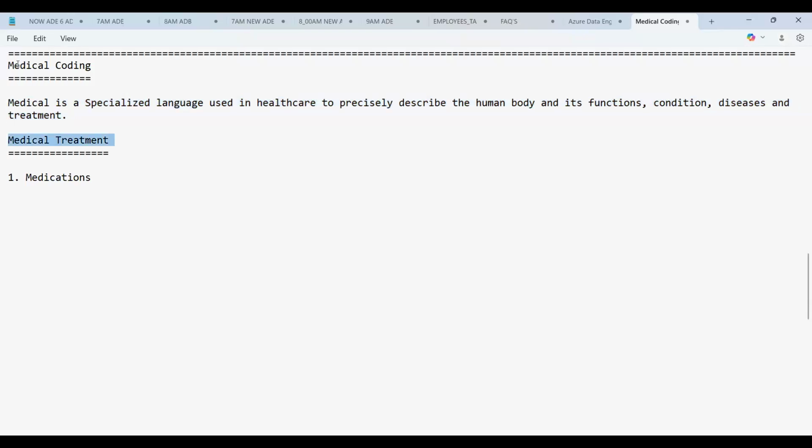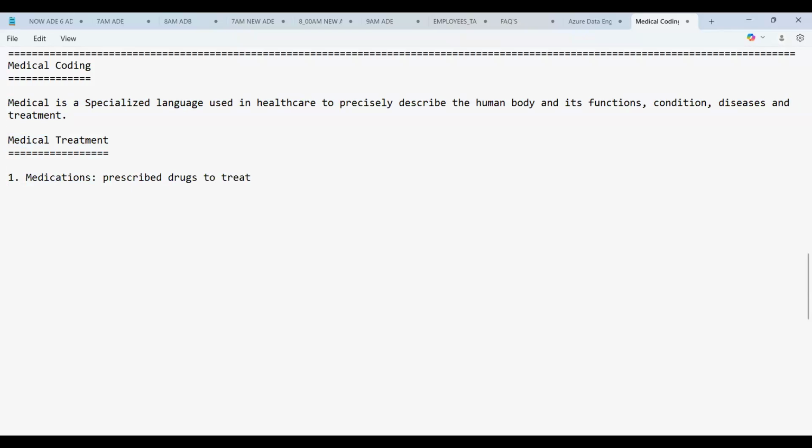And when it comes to medical treatment, what are the types of medical treatments we can have on the human body? The first one is medications. What do you mean by medication, everyone?